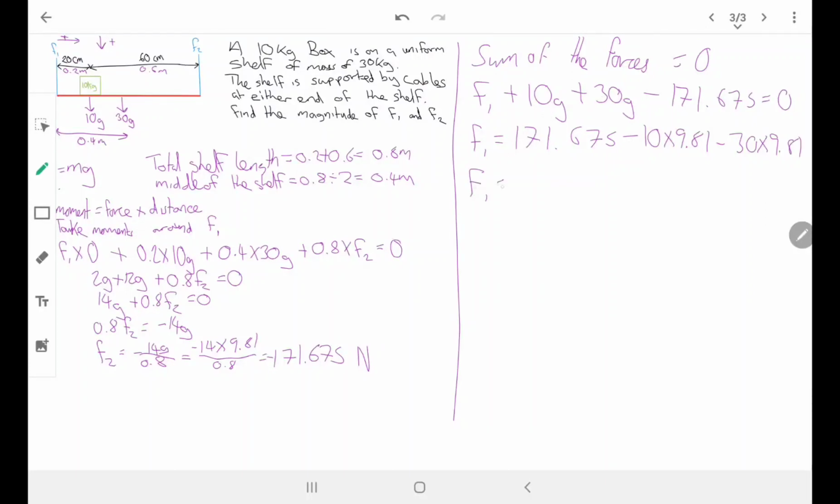So F1 equals, I'm just quickly typing that into the calculator. So F1 equals minus 220.725 newtons. So that's our two forces, F1 and F2.